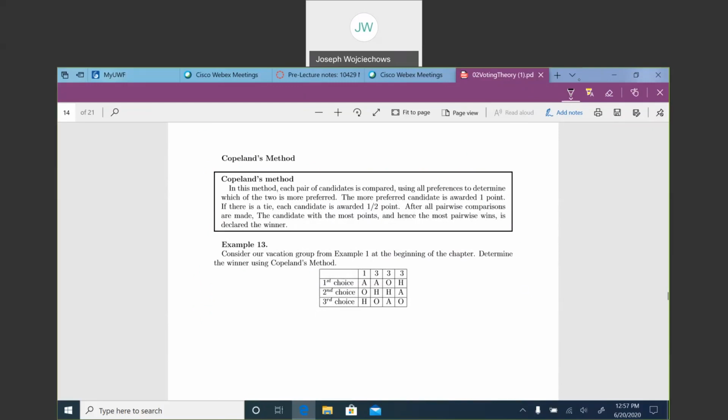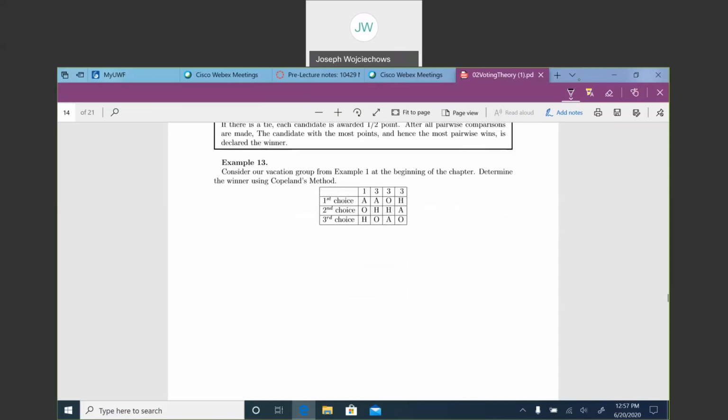After all pairwise comparisons are made, the candidate with the most points, hence the most pairwise wins, is declared the winner. So this is going back to our Anaheim versus Omaha, Anaheim versus Hawaii, and Omaha versus Hawaii.